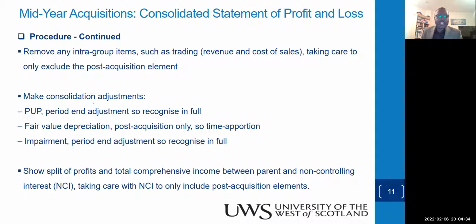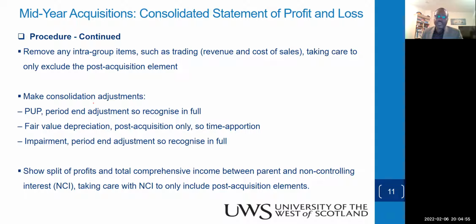But for the fair value depreciation, especially as depreciation is not calculated midway, it's calculated for the whole period, we need to use time apportionment and prorate accordingly. Whatever we get in terms of depreciation, prorate it depending on the number of months since we acquired it within the reporting period.